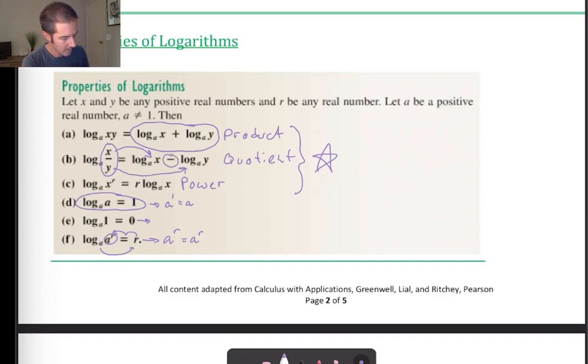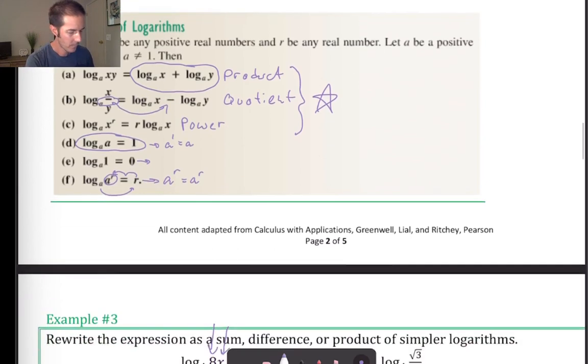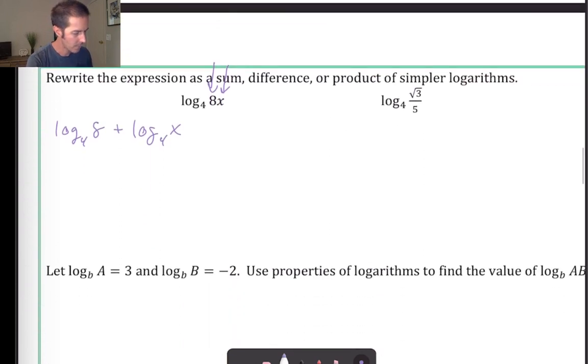And I like to think of the minus sign as being this division symbol. Look how similar they look. And we'll see some more complicated versions of that. But when we break this one down, or expand this logarithm, we've got the log base 4 of the square root of 3, this time minus the log base 4 of 5.